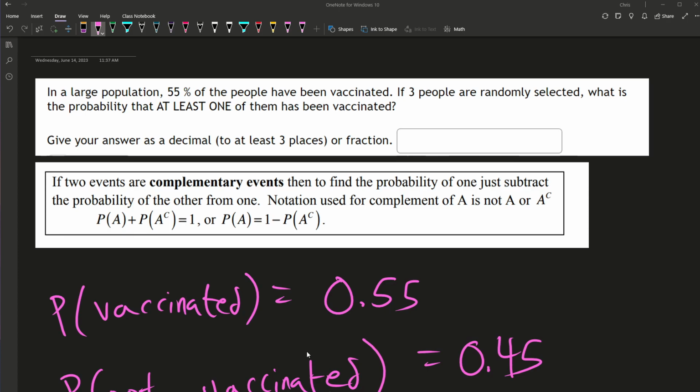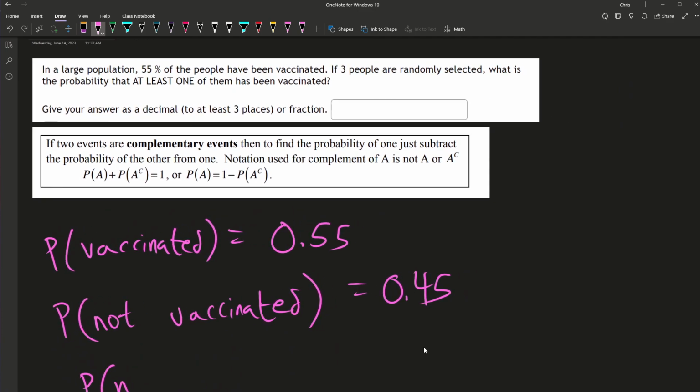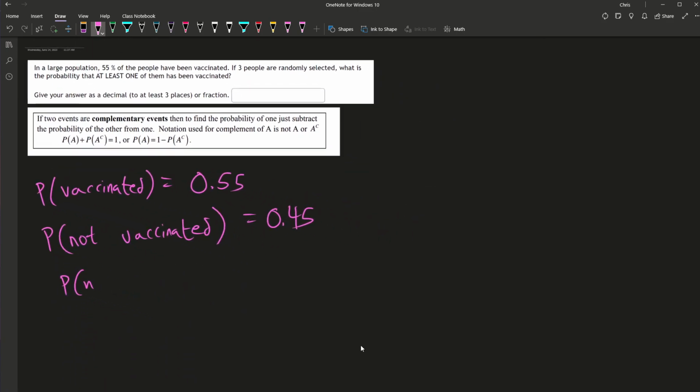This is because the probability of not vaccinated. Oh, sorry, I just realized I need to zoom out a little bit here. In this case, the probability of not vaccinated is 1 minus the probability that someone is vaccinated.